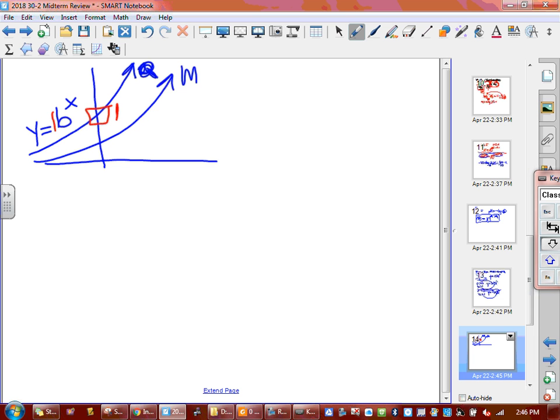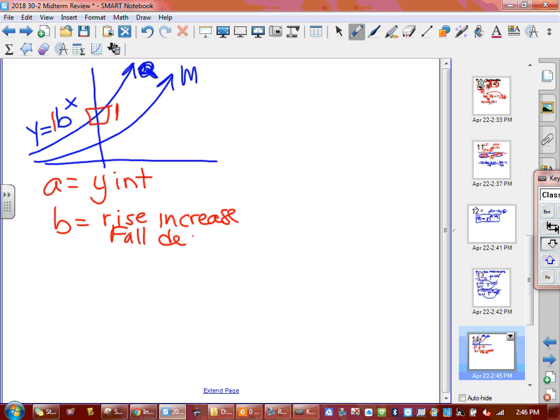So the a value is the y-intercept. The b value controls rise or fall. So whether it's going to increase or decrease. Okay, increase and decrease is what they control. So, if a question says, what could the y-intercept of this guy be?